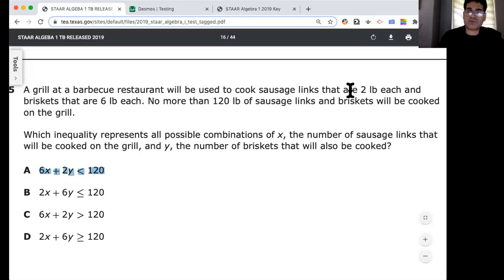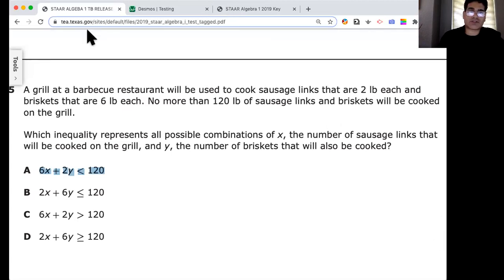So let's say we have two objects, and they are sausages. Let's make those X. Sausage links are 2 pounds each, X equals 2.